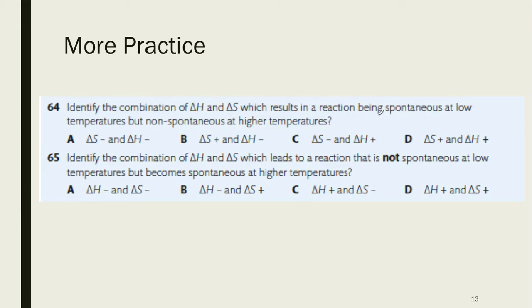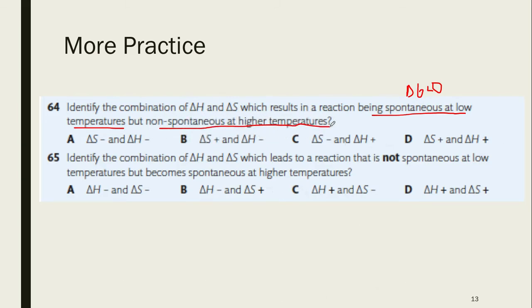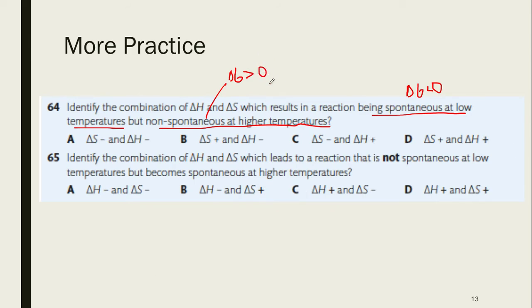Spontaneous at low temperatures. Spontaneous means delta G is less than 0. Non-spontaneous at higher temperatures would mean delta G is greater than 0. So we know our spontaneity values, but now we have to look at the temperature.